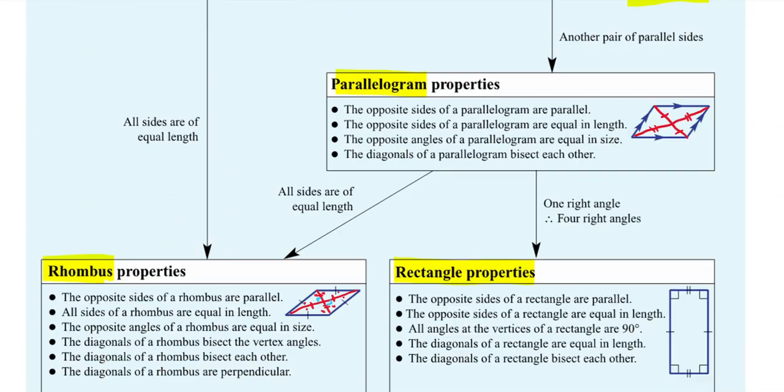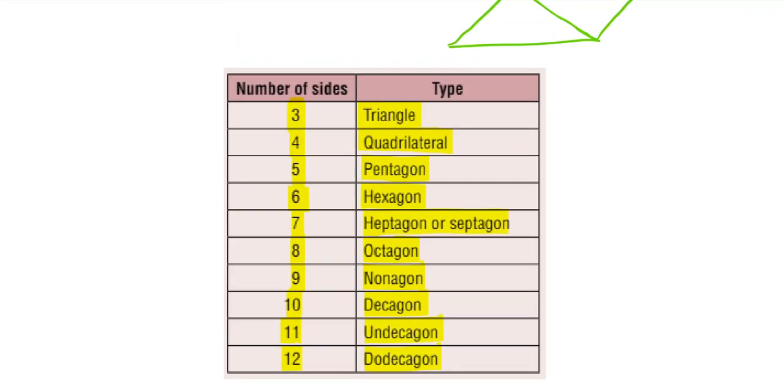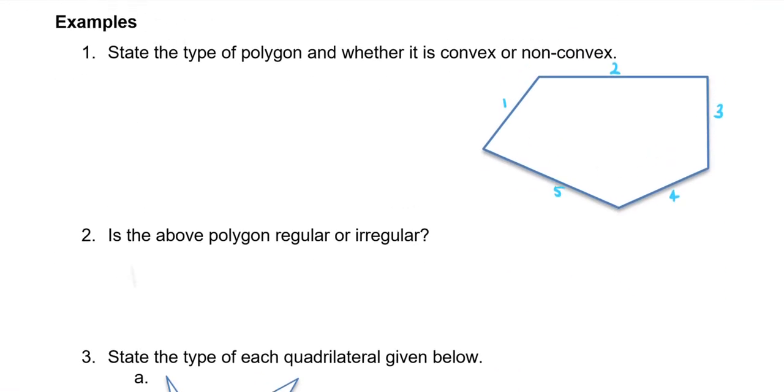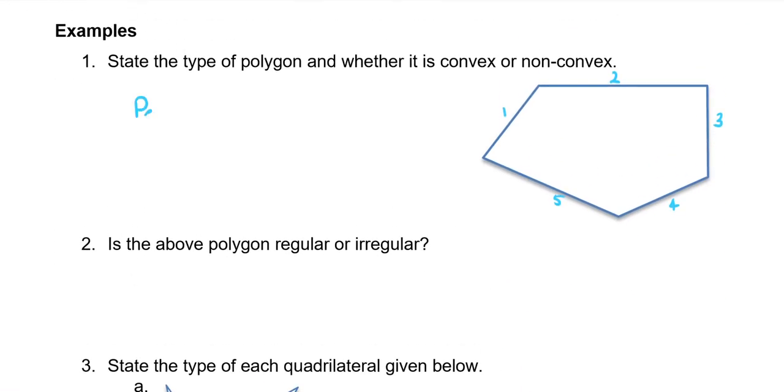And if you look back to our list way back here, 5 sides is a pentagon. So this shape is a pentagon. And because all of the angles are pointing outwards, we call this a convex polygon.